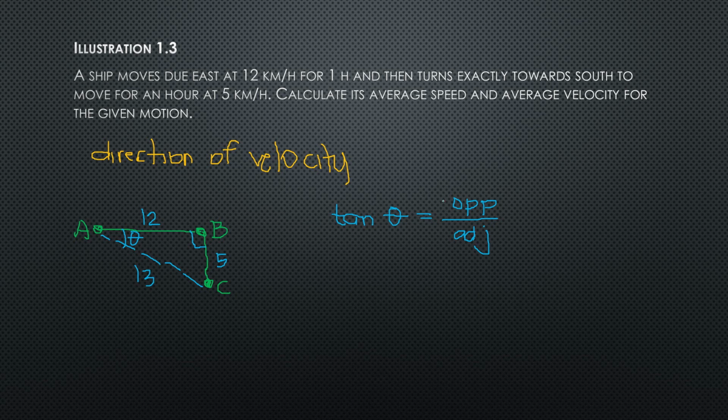When we say opposite, that is referring to the opposite side, which is the farthest side from the reference angle, and the adjacent side is adjacent to the given angle. So opposite is this one, and the adjacent side is this one. Therefore this can be written as 5 over 12. Opposite is 5, adjacent is 12, so that is tangent theta.